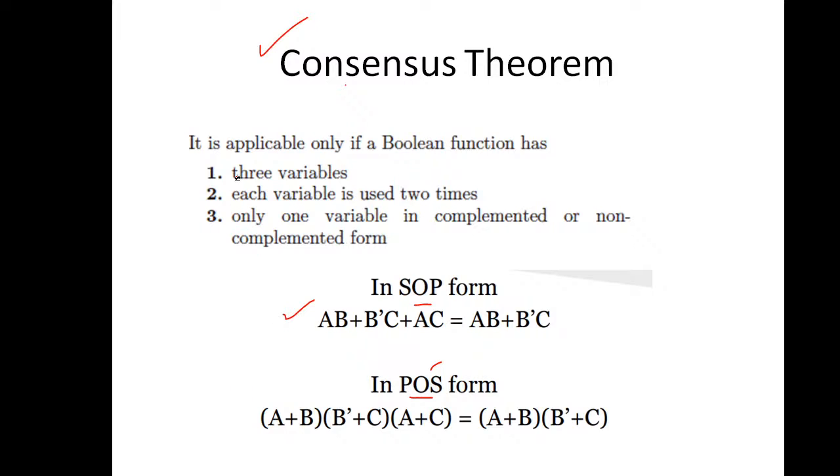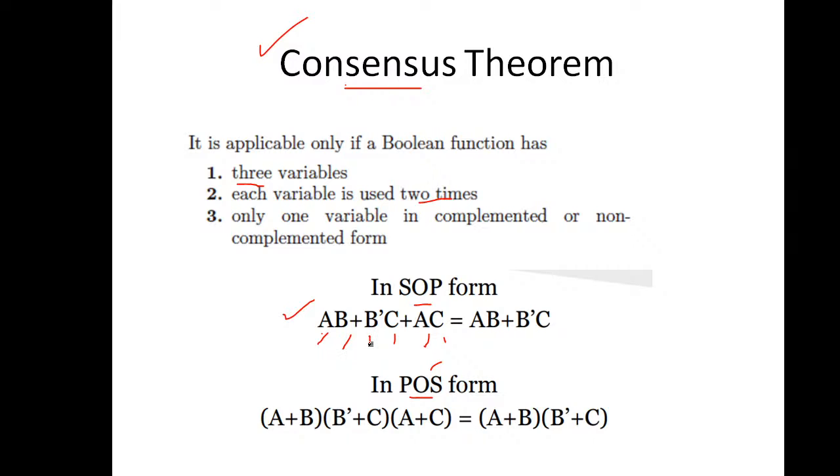Okay, now the consensus theorem will be applicable when there are 3 variables. You can see there are 3 variables A, B and C in the left hand side of the expression. Okay, and each variable is used 2 times. That means A has been used 2 times, C 2 times and B 2 times.